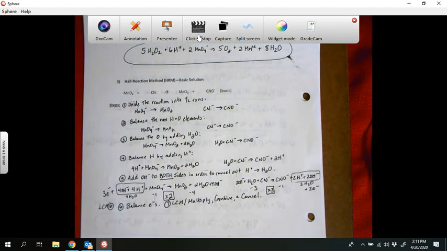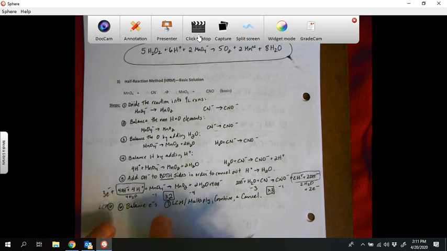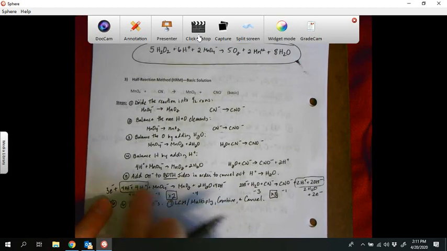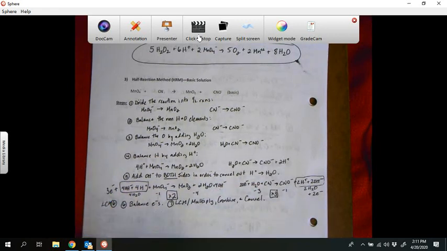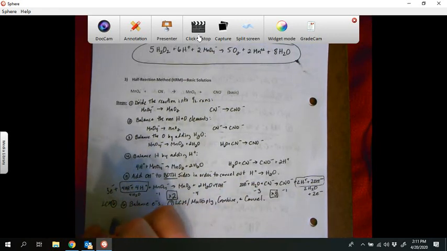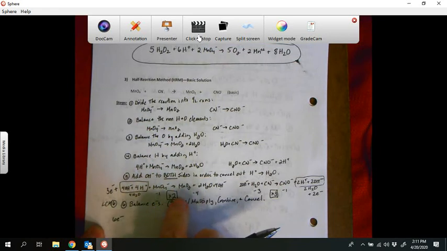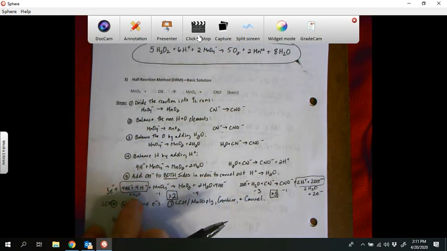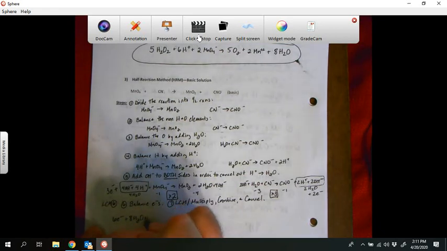Be careful when you're combining these because there's a lot of OHs, a lot of waters. So if we take the reactant side, I have 6 electrons. We had these combined to form 4 waters, so plus 8 H2O plus 2 MnO4 minus.